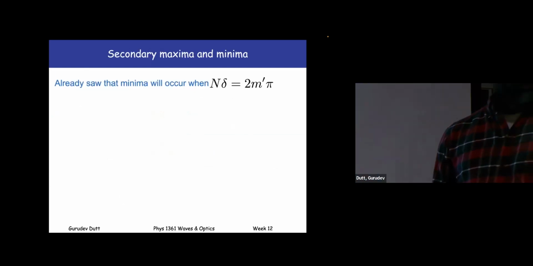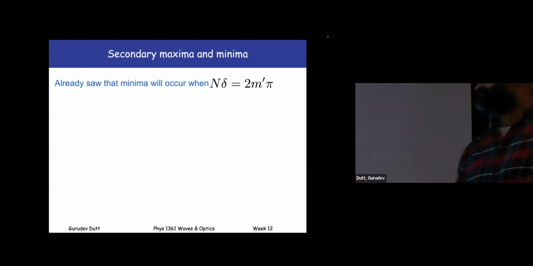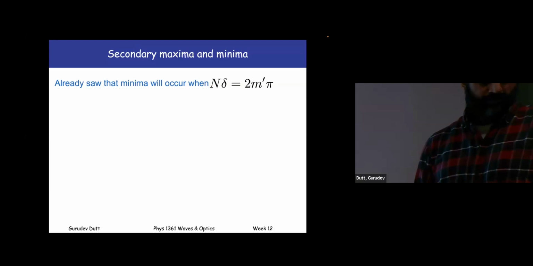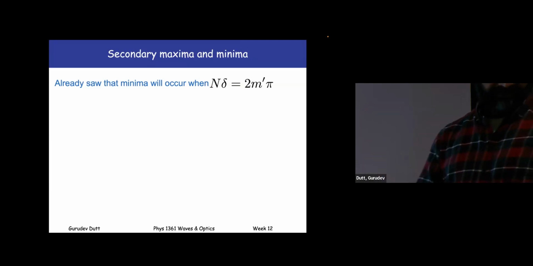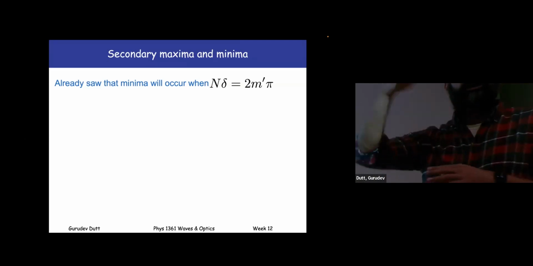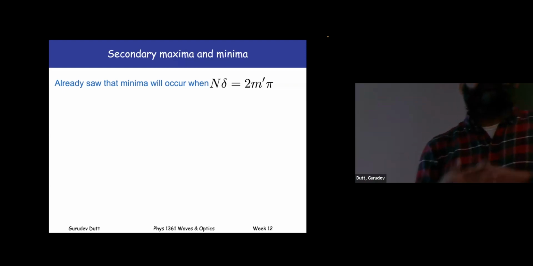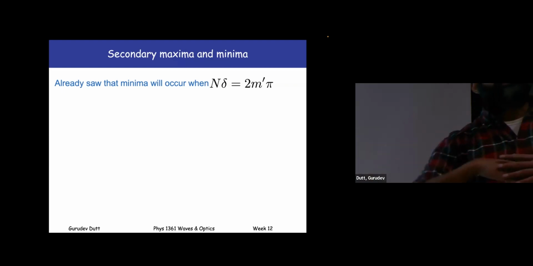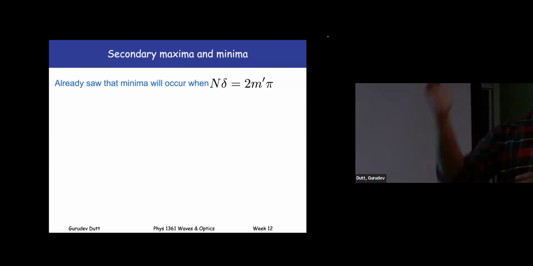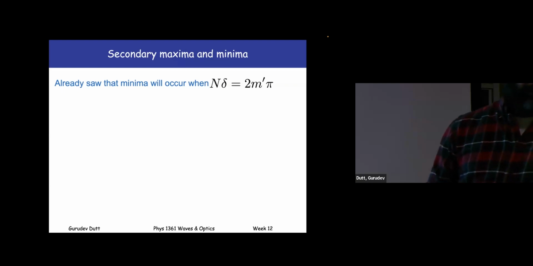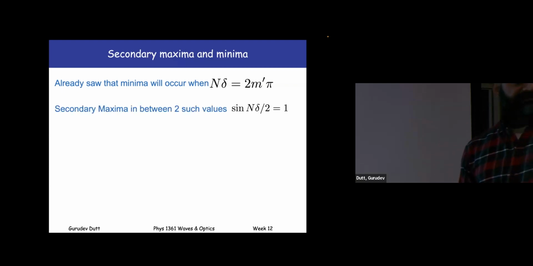And we saw that the minima will occur when n delta equals 2m prime pi. And by this argument, you want to form a closed hexagon or whatever other pattern; if you have 8 phasors, it will be a closed octagon, etc. And you will get back that form that goes to 0. So the secondary maxima is in between 2 such values.